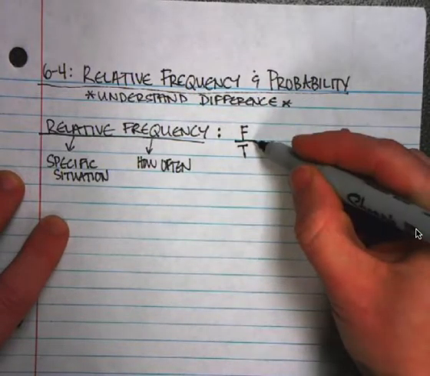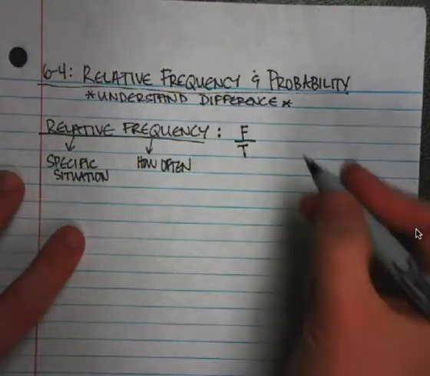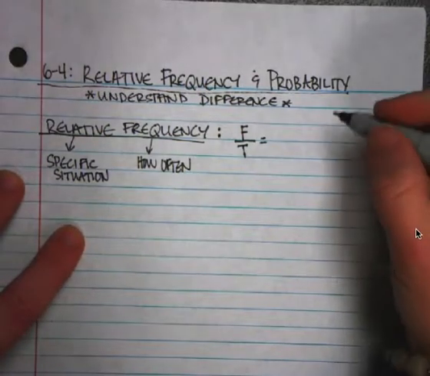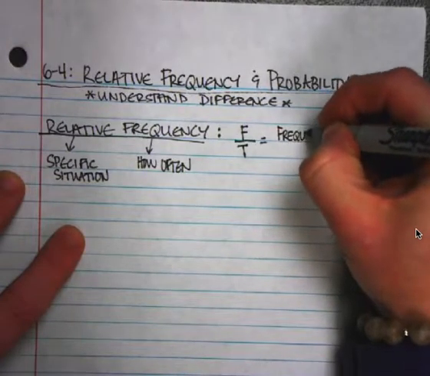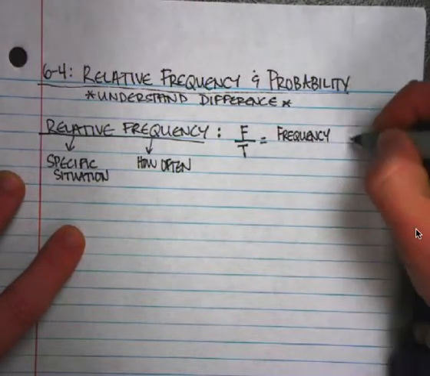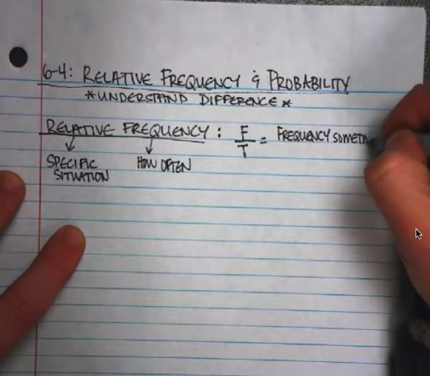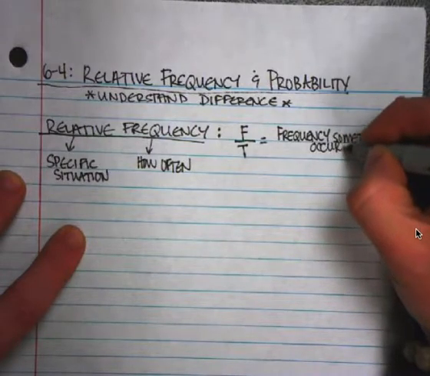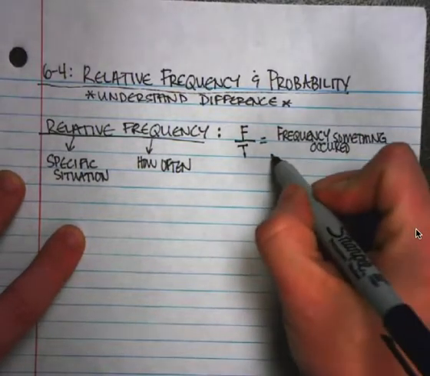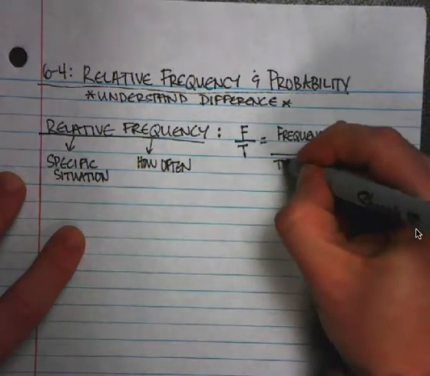So here's where the division comes in for chapter 6. And what these two things are talking about is the frequency in which something occurred divided by the total number of opportunities.